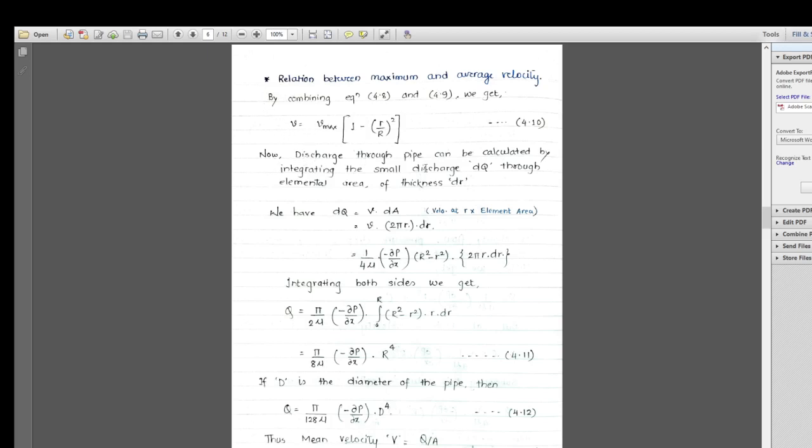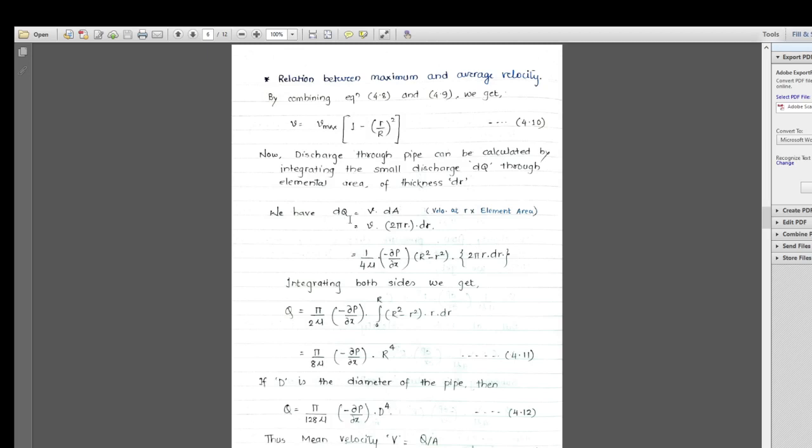Now, discharge through the pipe can be calculated by integrating the small discharge dQ through the elemental area of thickness dr. We have considered a small elemental area. If we consider a small discharge dQ flowing through that elemental area, we can find out the discharge through the pipe. We know that dQ is equal to velocity v at the radius r into elemental area dA.